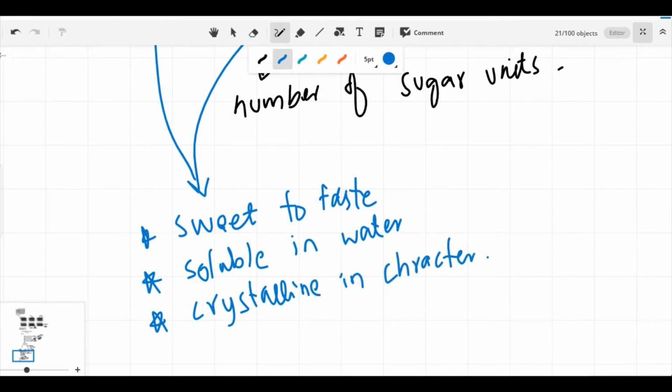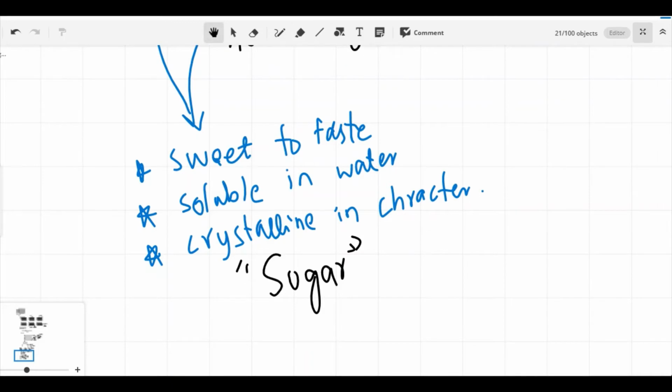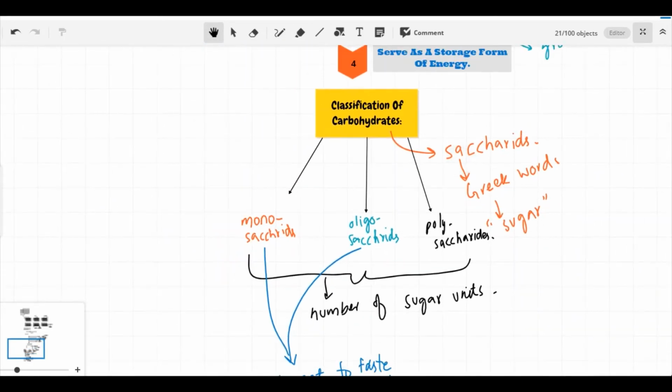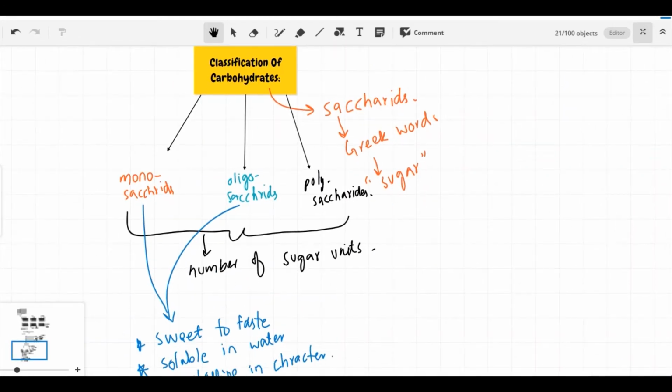Hence they are commonly known as sugar. So remember, these are some general keywords you have to remember about the classification.